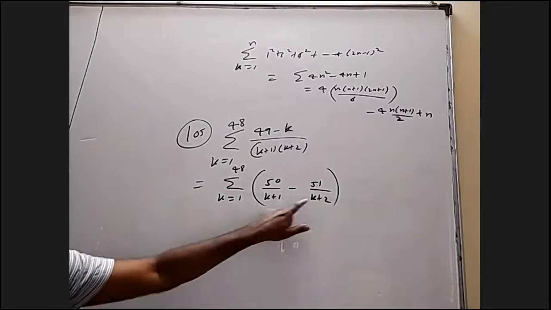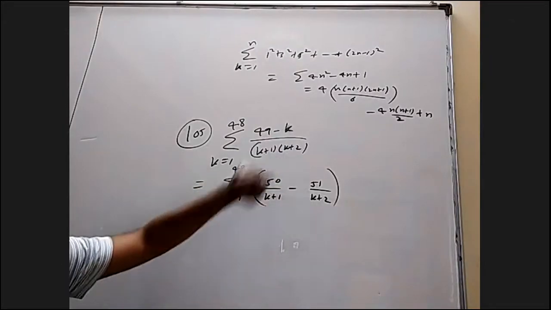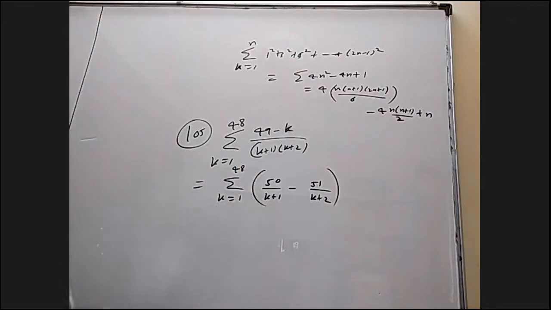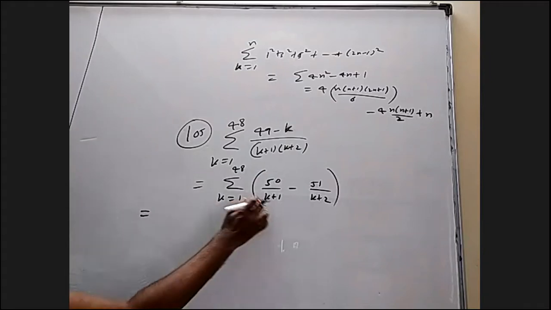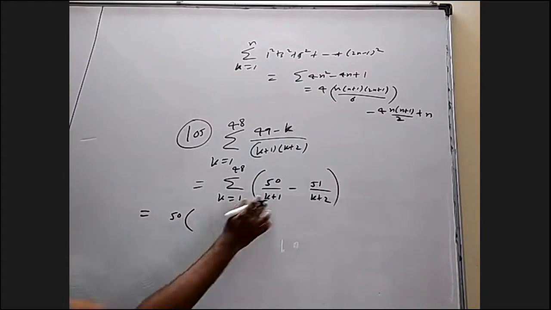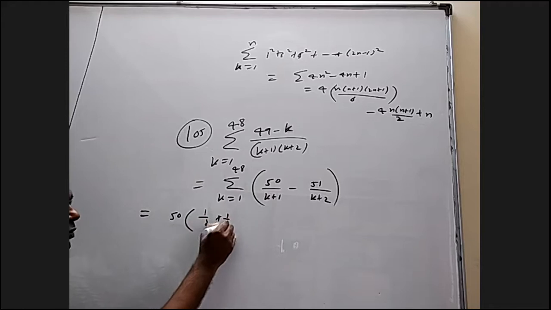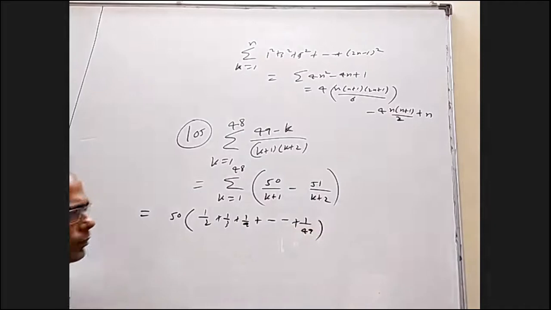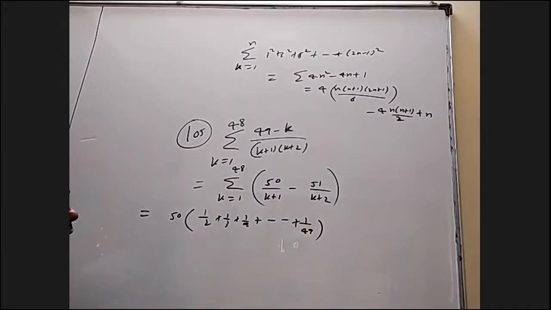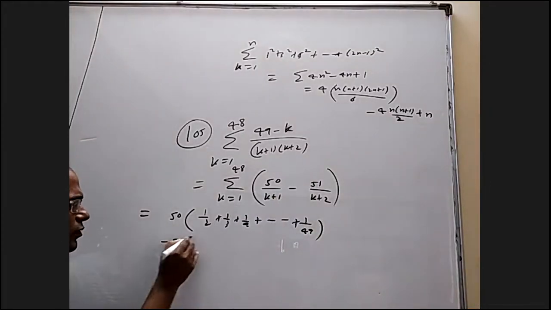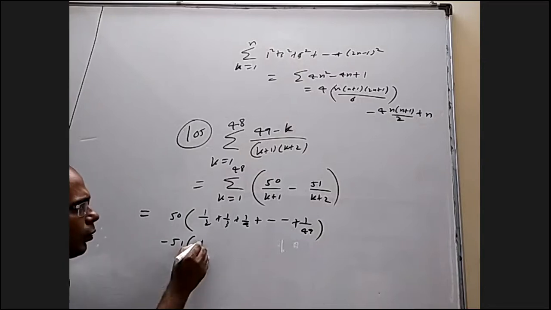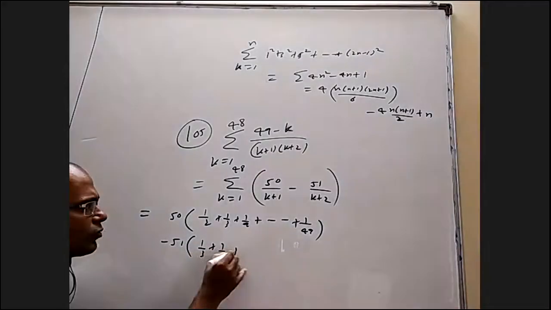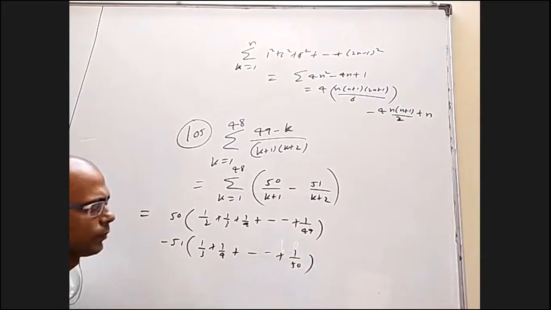If you want, you can check: 50k minus 51k is minus k, 100 minus 51 is 49. Everything is good. When I expand this, I'll get 50 into 1 by 2 plus 1 by 3 plus 1 by 4, so on up to 1 by 49. Minus 51 times 1 by 3 plus 1 by 4, so on up to 1 by 50.